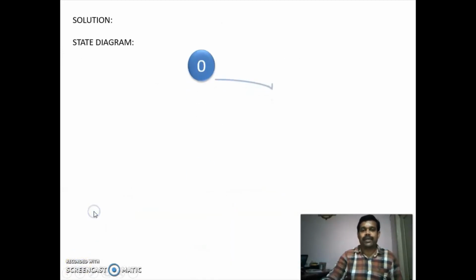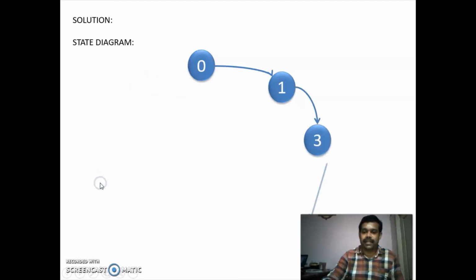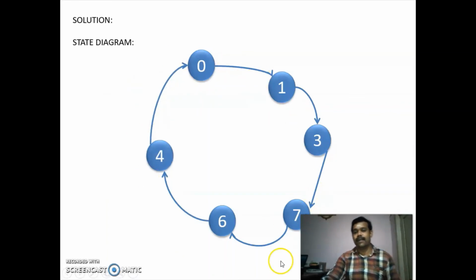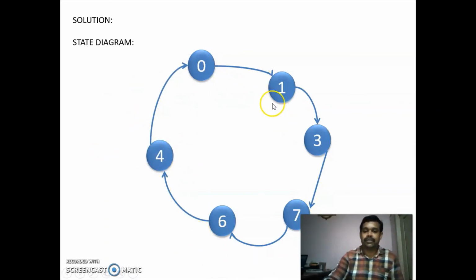So first we are going to draw the state diagram. First 0, then next it is going to 1, next 3, next 7, then 6, then 4, then 0. This is the state diagram of this given counter.